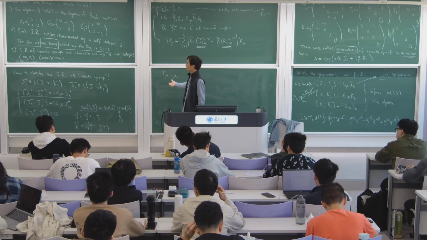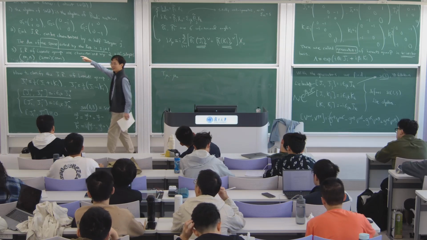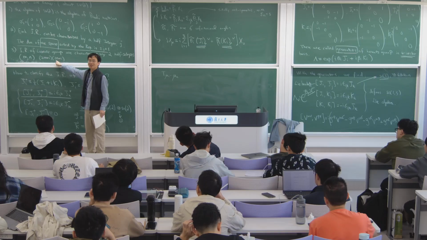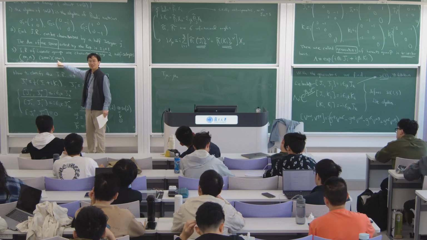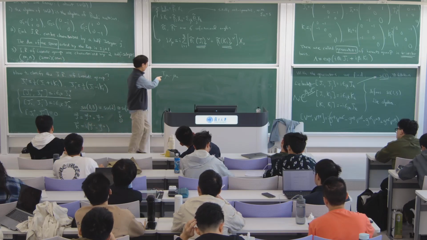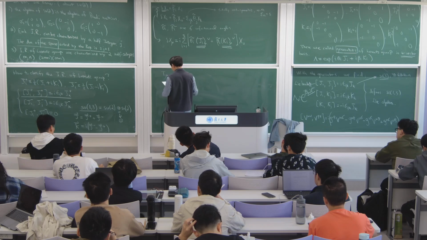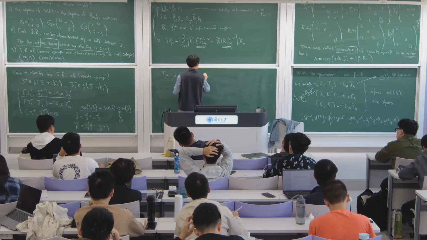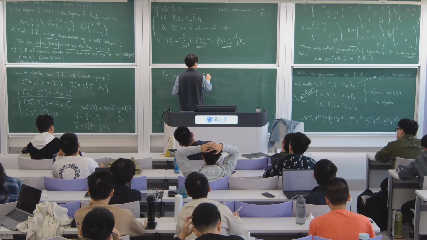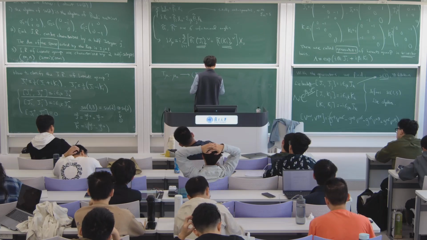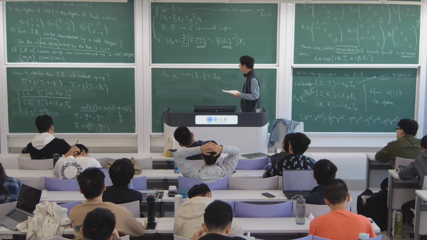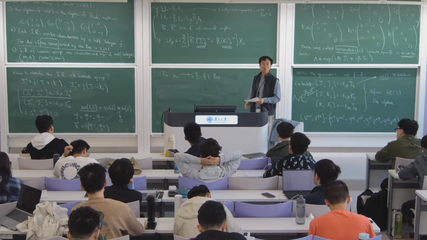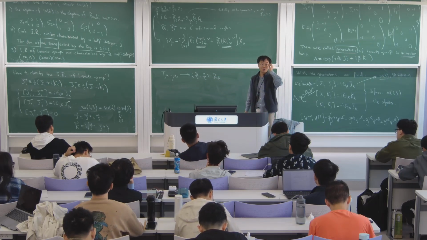For that rank n tensor, which classification here does it belong to? The answer is this is the n over 2 representation. It belongs to this one.